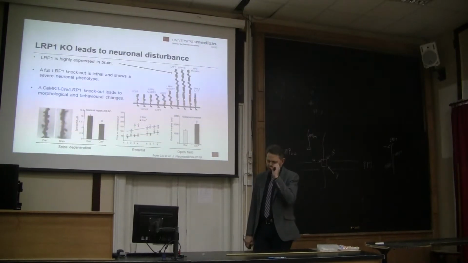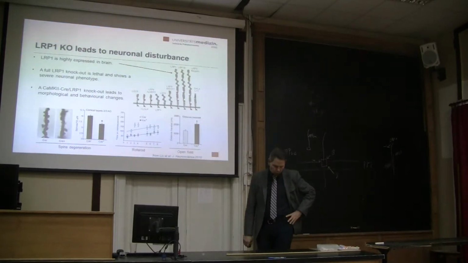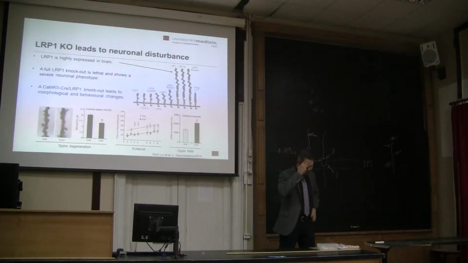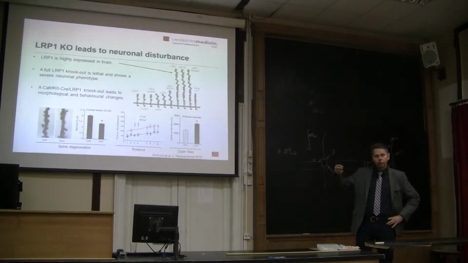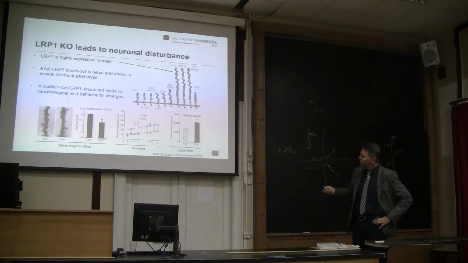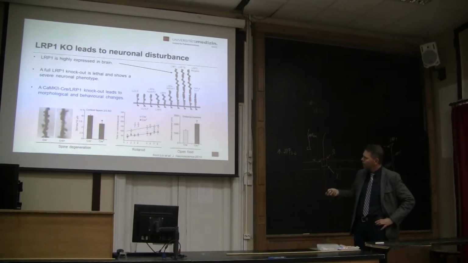And we got interested in this story in two different ways. One way was looking at the animals that were generated by Goujon, where you have the conditional knockout in the forebrain. These mice show, for example, spine degeneration. Here LRP is turned off through the Cre promoter, and you see you have fewer spines here, and that is quantified here.